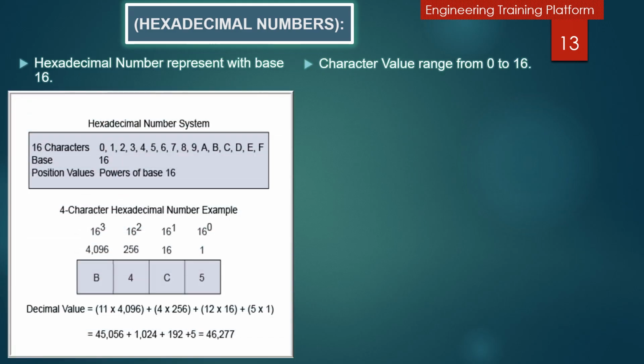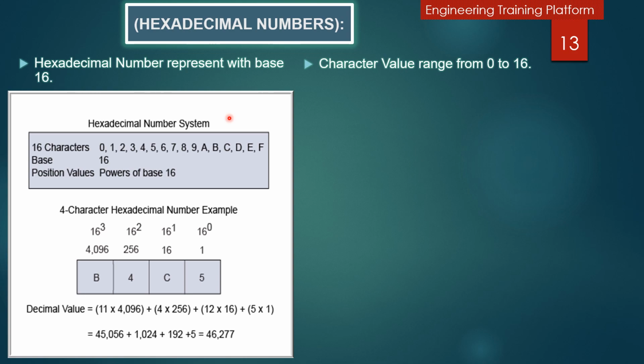Now we will discuss the hexadecimal number, and we will learn how to convert a hexadecimal number into a binary number and from hexadecimal to decimal values. The hexadecimal number system has a base of 16, and 16 values must be represented for each position in a hexadecimal number.